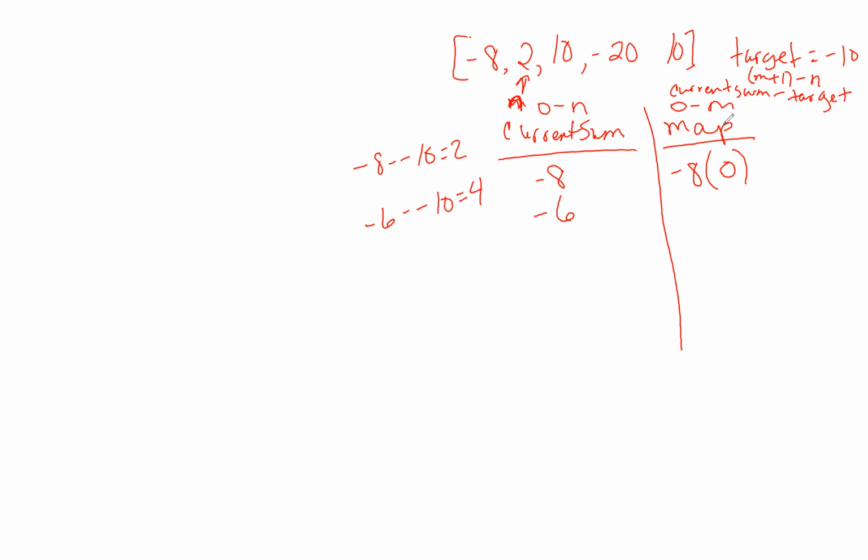We look at our map, and 4 is not in our map. So we add the current sum, -6, to our map, and we know that from 0 to our first index, we had a current sum of -6. And we increase n.